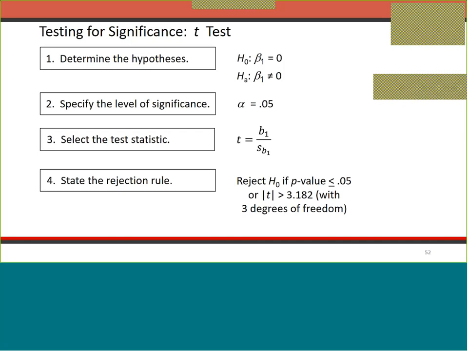The test statistic depends on b1, so it is b1 by s_b1. The rejection rule is reject H0 if the p-value is less than or equal to 0.05, or by the critical value approach, if mod t is greater than 3.182. How did you get 3.182? Alpha is 0.05, so alpha by 2 is 0.025, and degrees of freedom is 5 minus 2, which is 3.